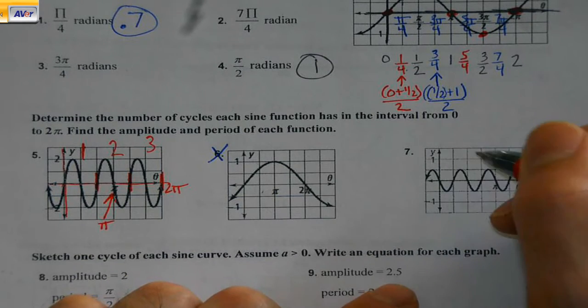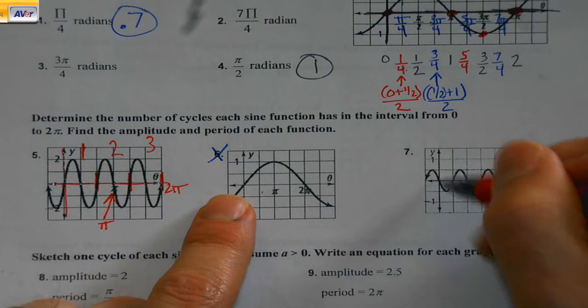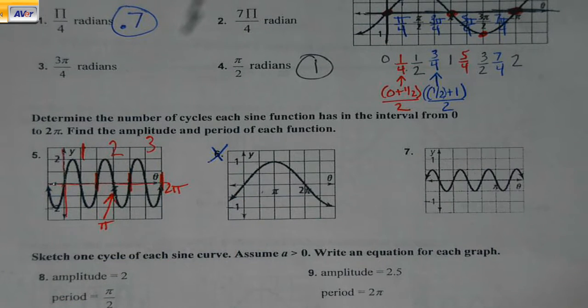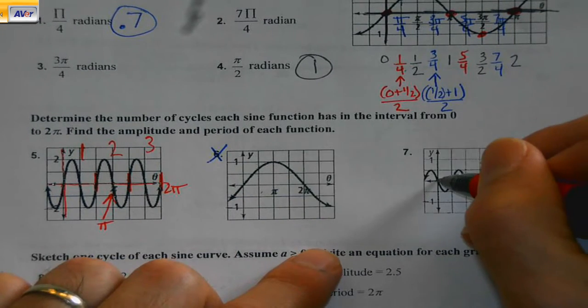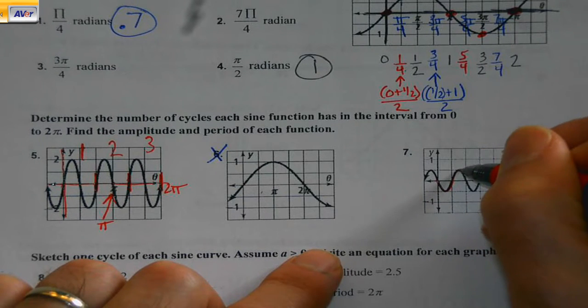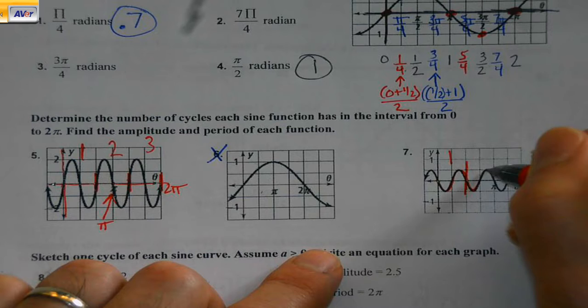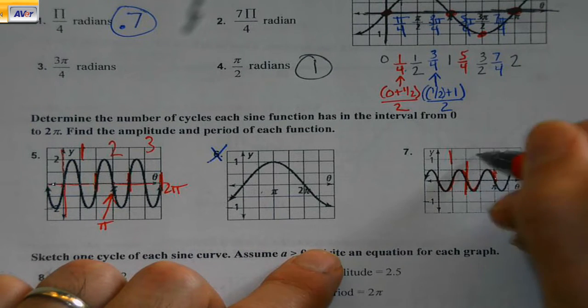So I'm like, all right, sine function. You're like, wait a minute, sine functions go up. Why is this going down? Okay, it may have a negative a value, but let's work it that way then. So we're going to go 0 min, 0 max, back to the start. Okay, there's 1. Down, up, down. There's 2.